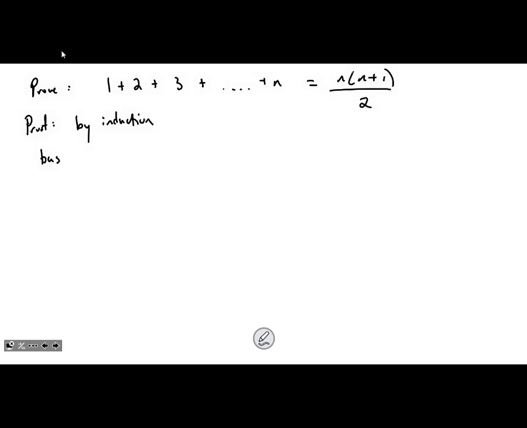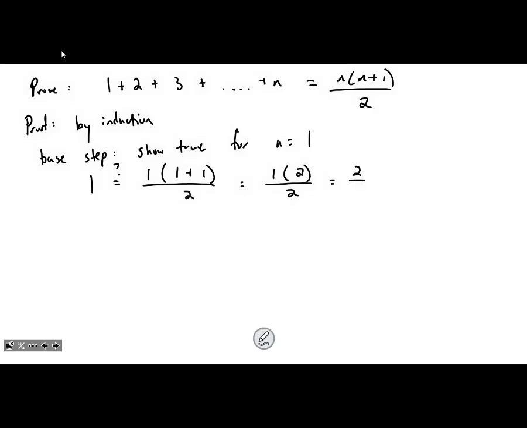the base case, or the base step: show true for n equals 1. So 1, does that equal 1 times 1 plus 1 over 2? Well, that's 1 times 1 plus 1 is 2, over 2, which is 1. So sure enough, that works. Now we have what is called the inductive hypothesis.